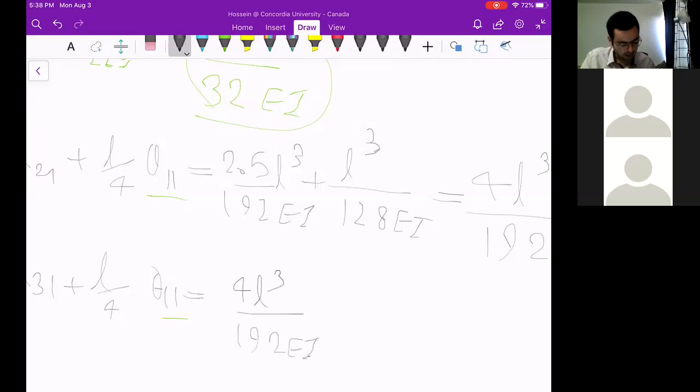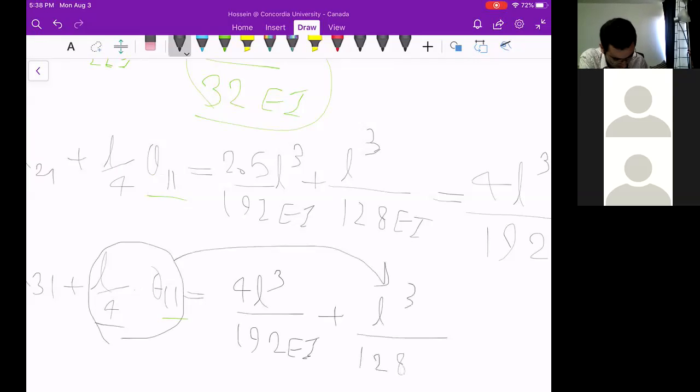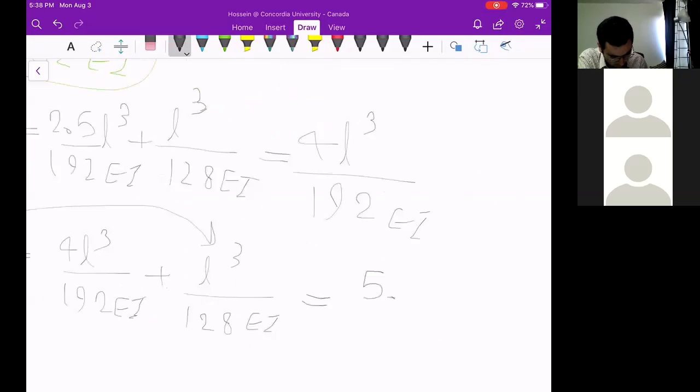If you multiply theta 11 by L over 4, the resultant would be L cube over 128 EI.